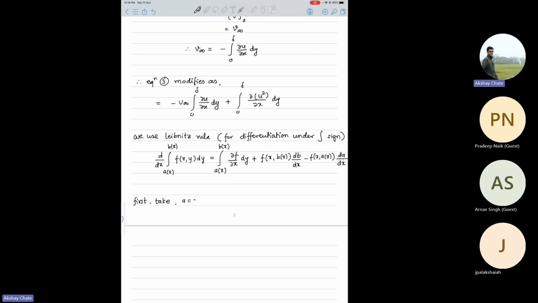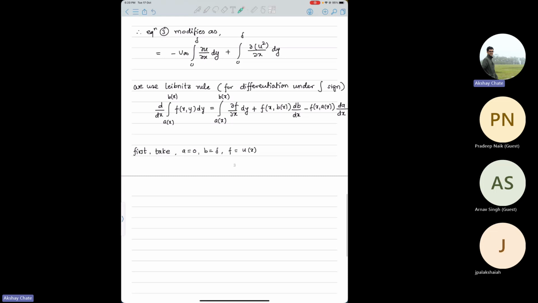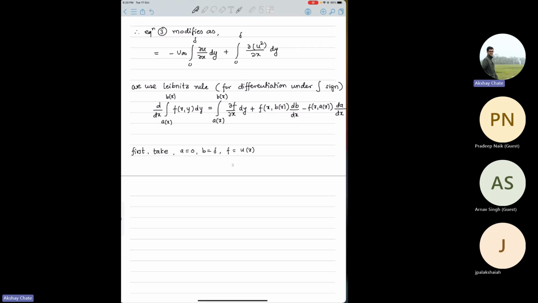So we have a as 0, b as delta, and f, which is the function of x and y, is nothing but u of x. Right? This is valid for this term. I am not taking u infinity because it is anyway constant, so I am leaving it outside. So in that case, apply this formula.